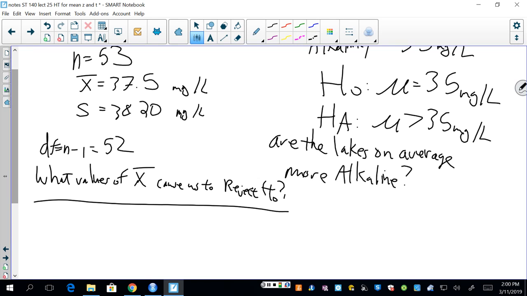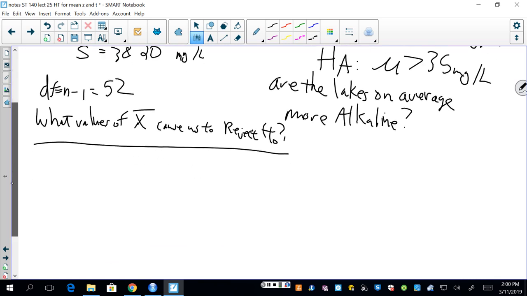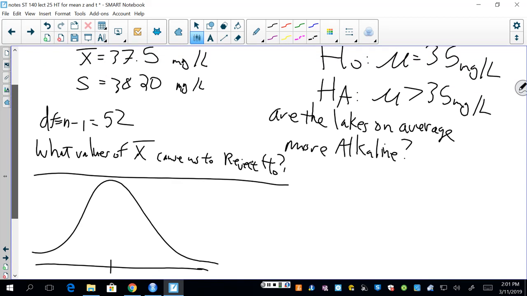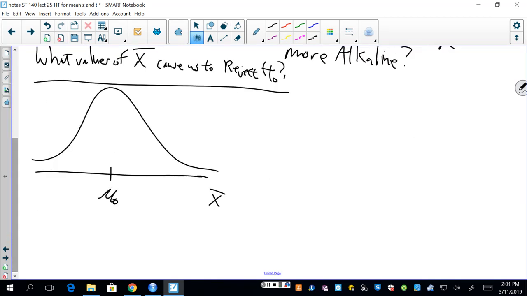If you write the hypothesis as one-sided and put everything on one side, that'll be fine. We're not going to get into that too much, but it comes up in practice and really interpreting things. But it's a technical detail that we'll be kind of understanding about. So if here is mu sub 0, the alternative says that it's bigger, lakes are more alkaline. So we're going to put all 5% up here and the 95% below. So we're actually going to be interested in this 95th percentile.